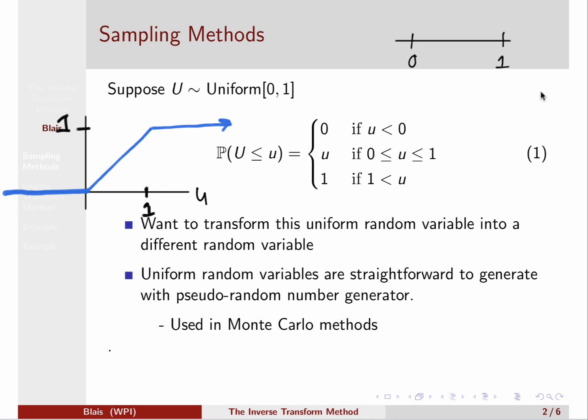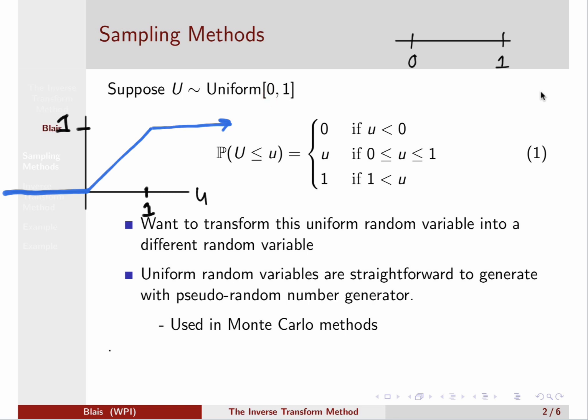We want to take a random variable that's uniform 0, 1 and use it to generate a different random variable. And there are many reasons why we might want to do this, but the underlying principle is that a uniform 0, 1 random variable is about as simple as a random variable gets, a non-trivial random variable.